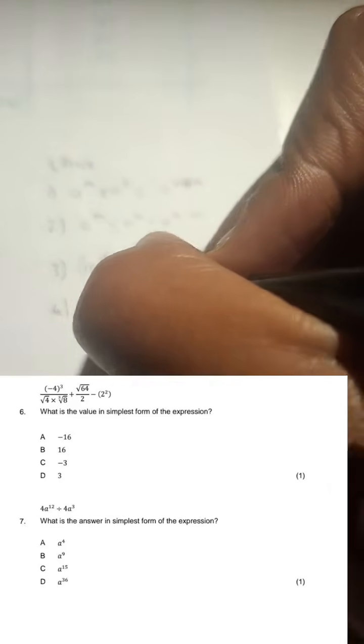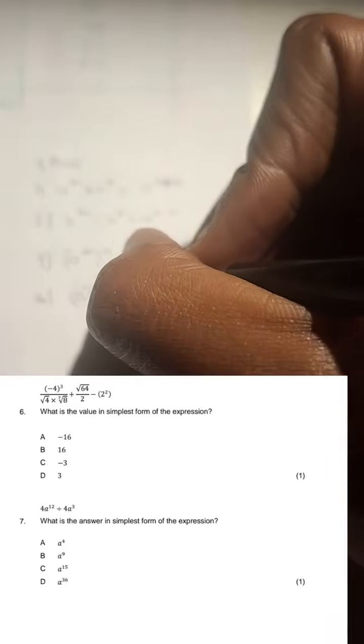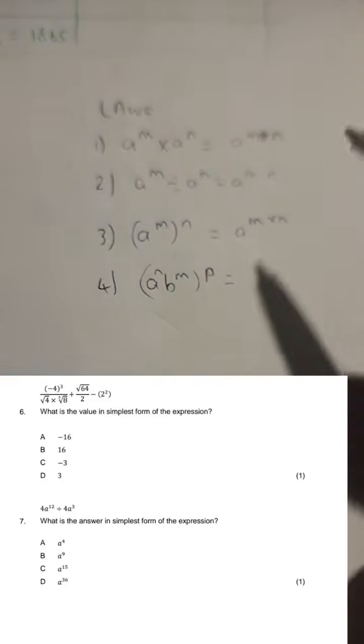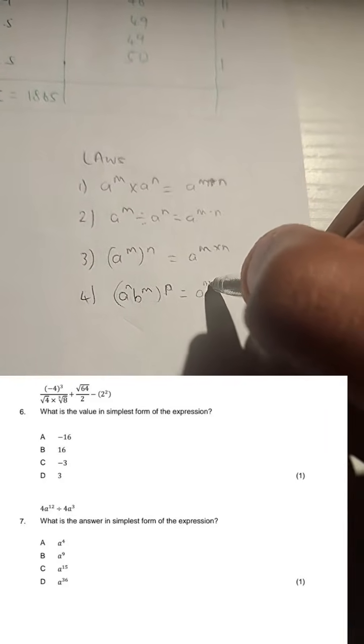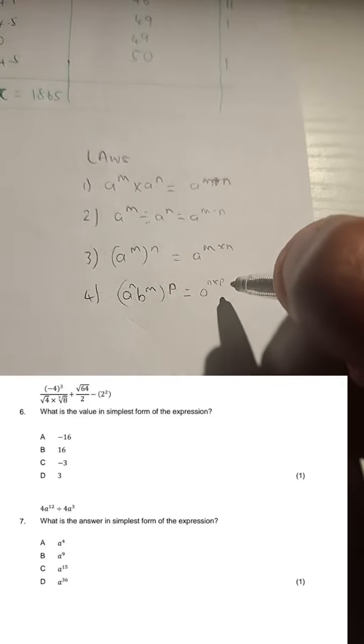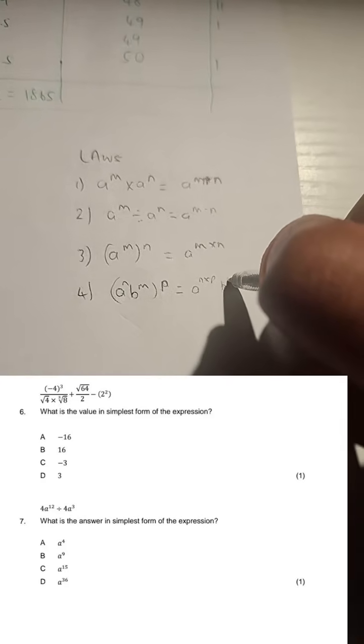Law number 4. If there are two variables multiplied with each other and they are raised to a certain exponent, let's just say it's P here, so it's A to the power N multiplied by B to the power M, then the exponent for each base gets multiplied with the exponent that is outside.